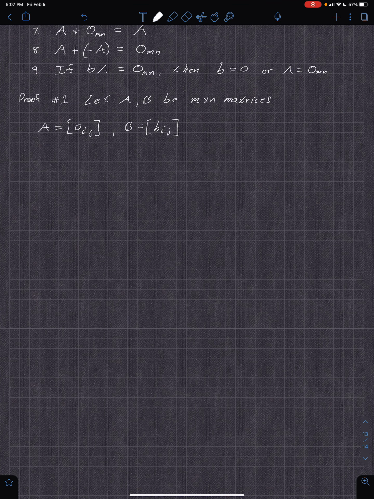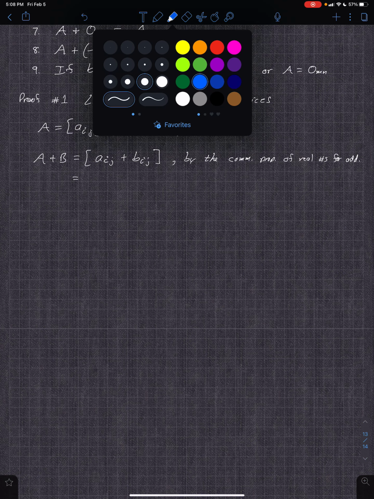Okay, so if you just add those, by definition, you get A sub ij plus B sub ij. That's by definition. But then, by the commutative property of real numbers for addition, we can commute those because these are all real numbers, right?